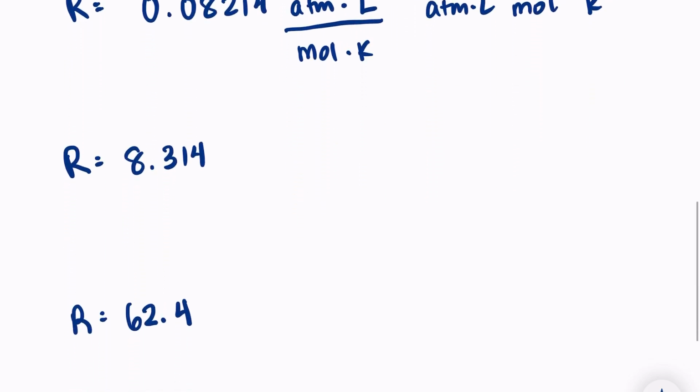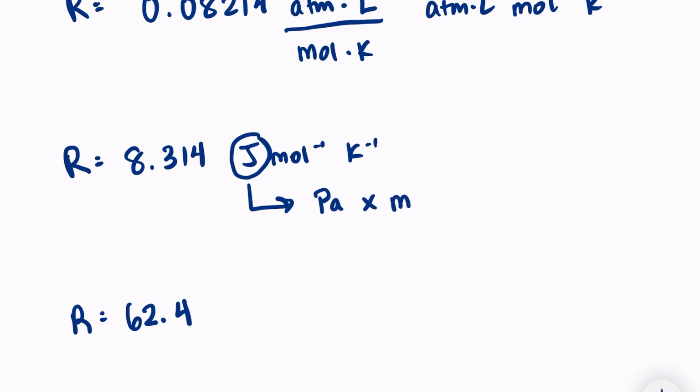If we have 8.314 as our ideal gas constant, the units are joules per mole per Kelvin. And what you need to know about a joule is that it is equal to a pascal times meters cubed. So pressure would be in pascals and volume would be in meters cubed.